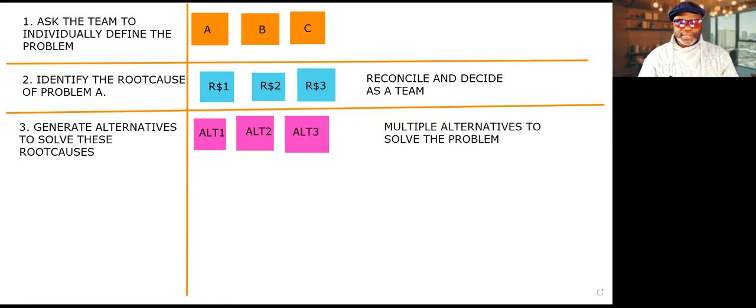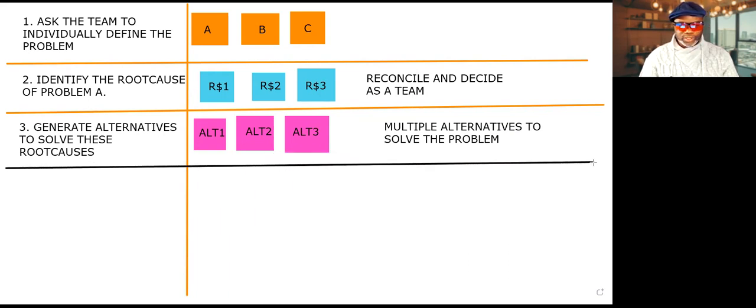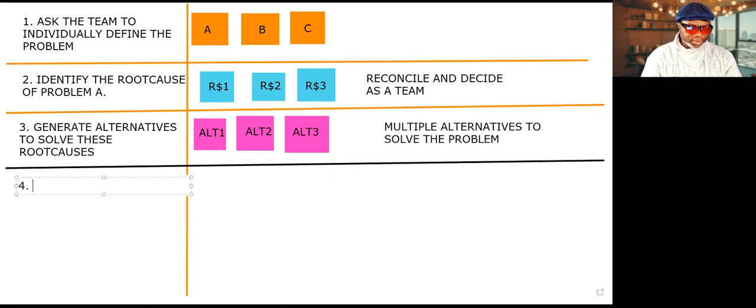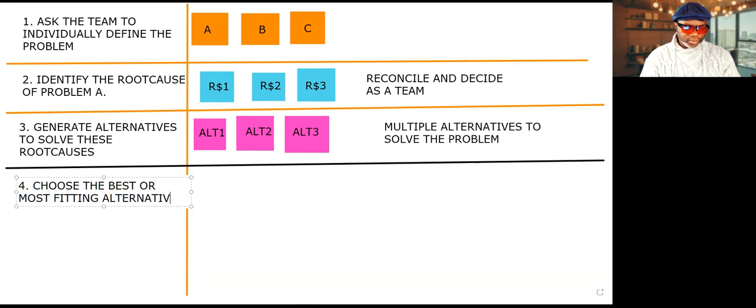What you will do at this point is collate all of these and then move into the next step, which is to choose the best or most fitting alternative. In other words, the solution.